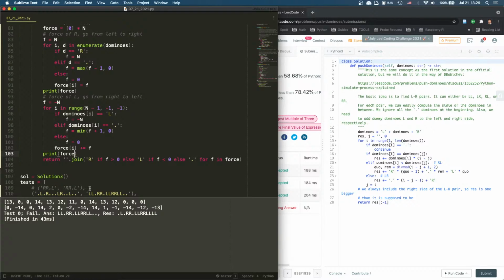Let's see. This one is 0. Minus 13. Minus 12. Well, aren't these supposed to be zeros?